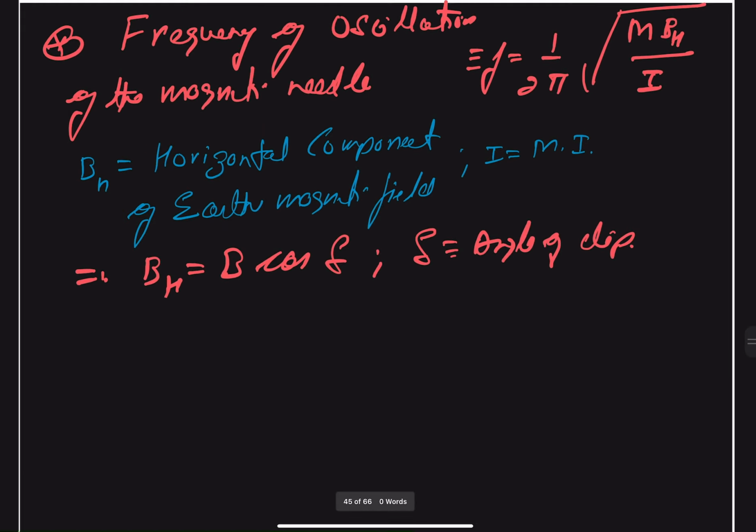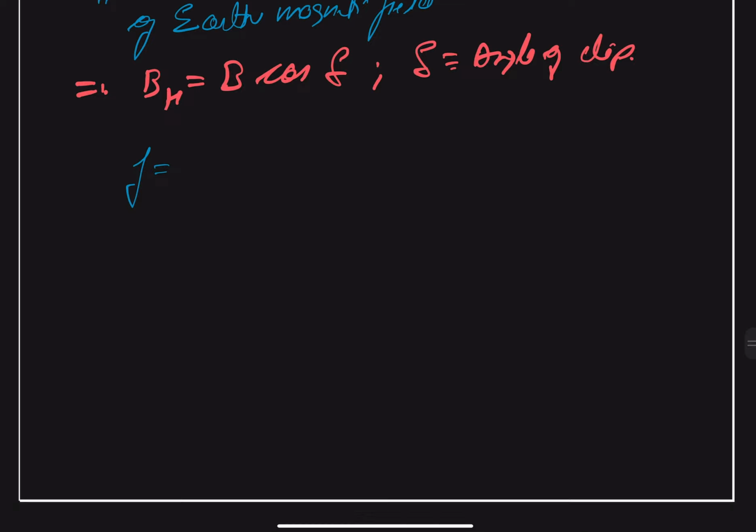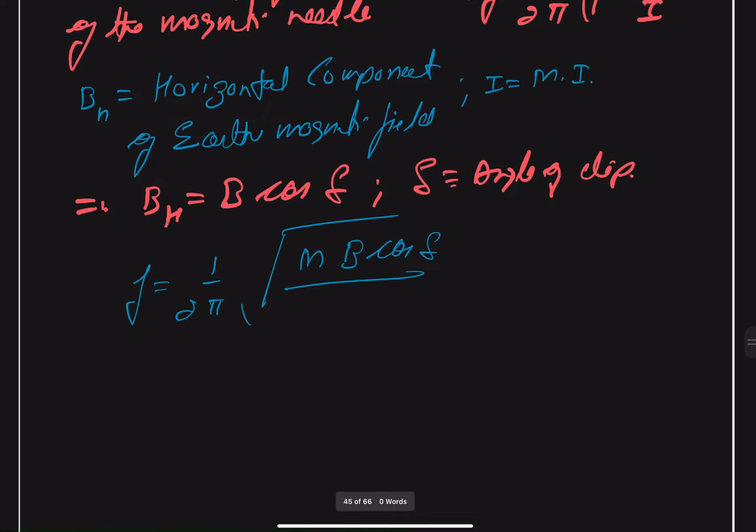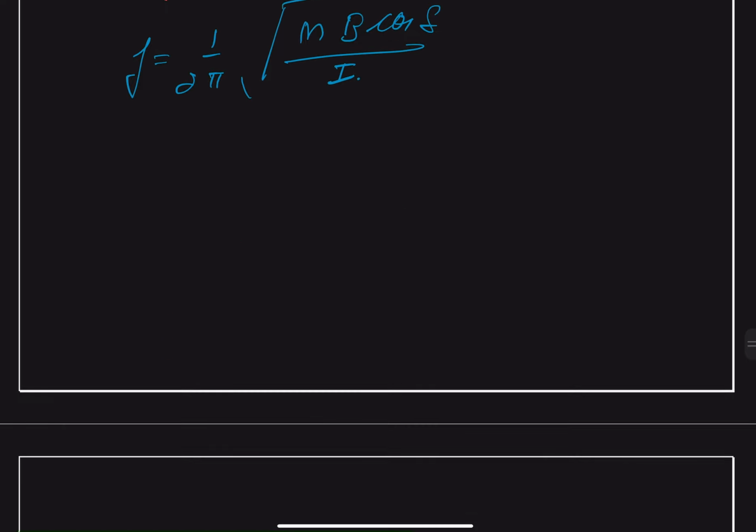Or let me first of all modify the frequency of oscillation. So the frequency of oscillation will be equal to 1 upon 2 pi square root of m B cos of delta divided by I. Now we can divide into two parts.